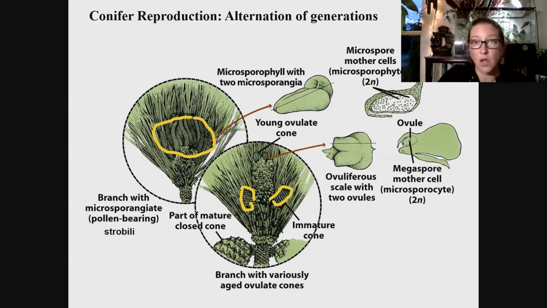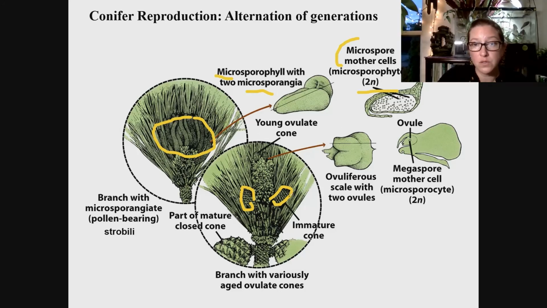Strobili, just like all the strobili we've seen before, have a microsporophyll and microsporangia. Inside the microsporangia are those spore mother cells that are 2N, and those are what undergo meiosis to make microspores.